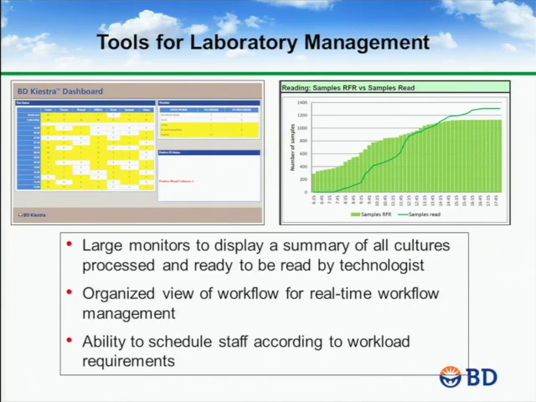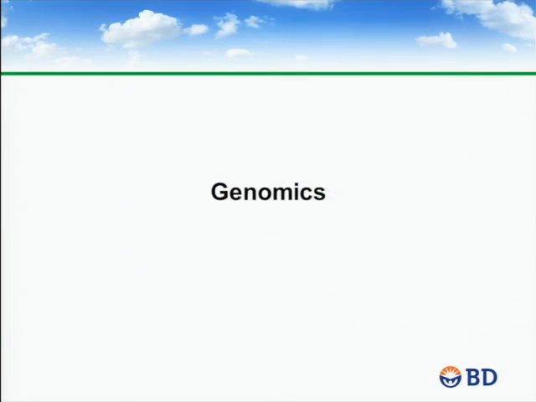Right now what we do in a laboratory is the work is done when we're ready to do it. In this case, the work should be done when the testing is ready to be examined, and that's really the difference. And that allows you then to schedule your staff according to the workload requirements. All right, so that's automation. That's today. That's the way work is being done today, and I think that's really what's very remarkable.